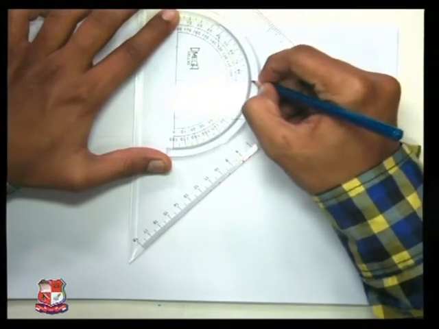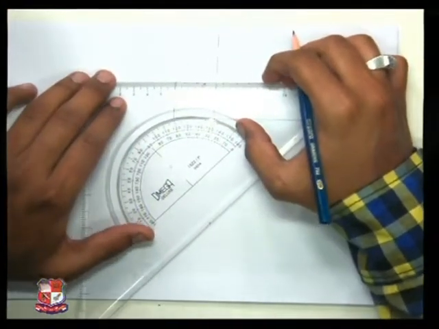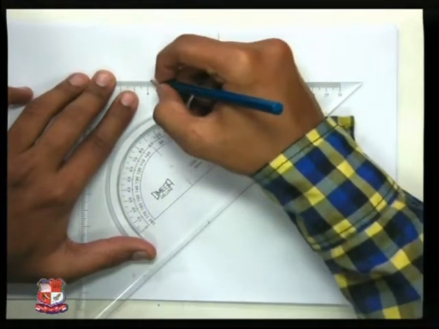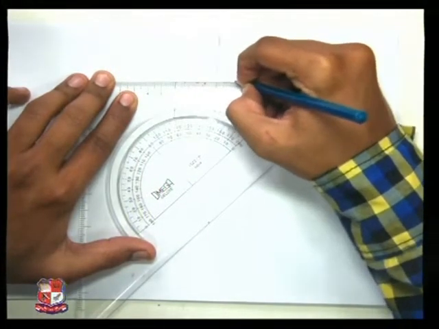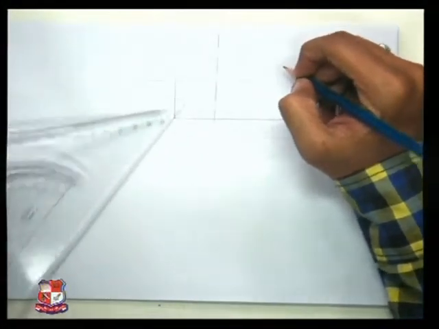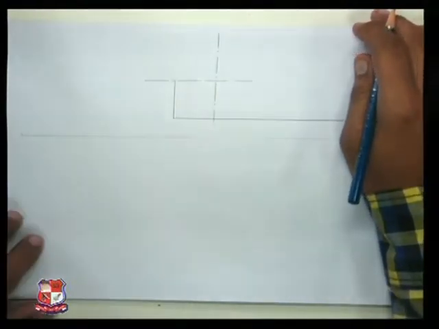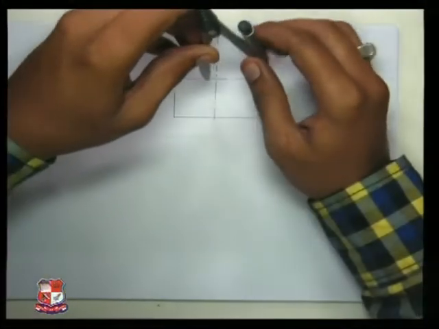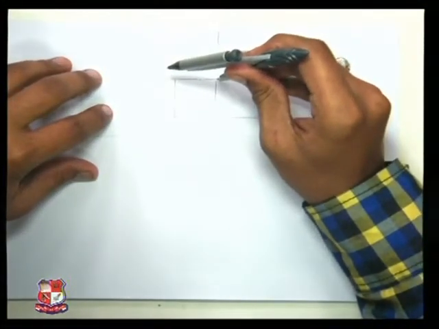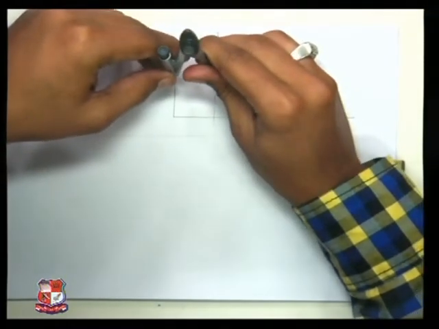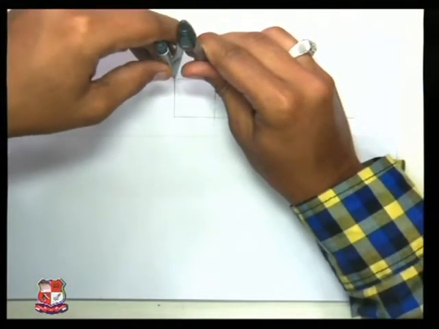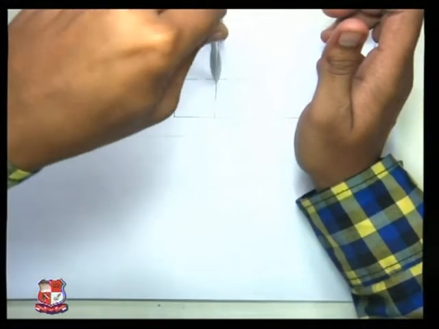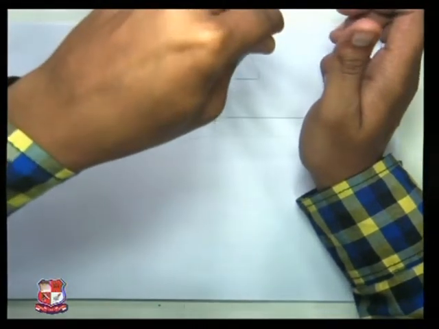For the horizontal center line, it would be perfectly perpendicular, so that's why using the protractor. So from the intersection point we have got the radius as 30 mm. Draw a circle, or rather a semicircle.